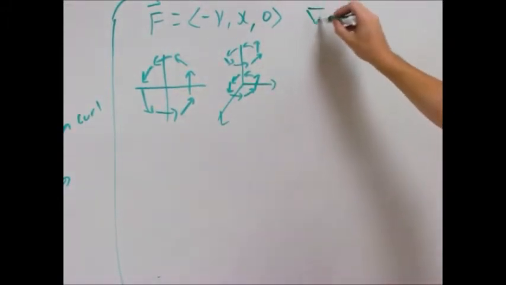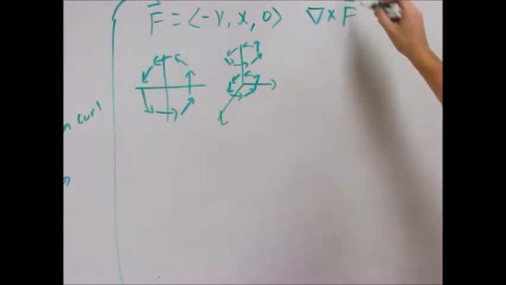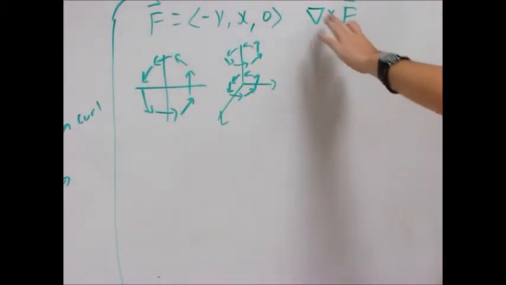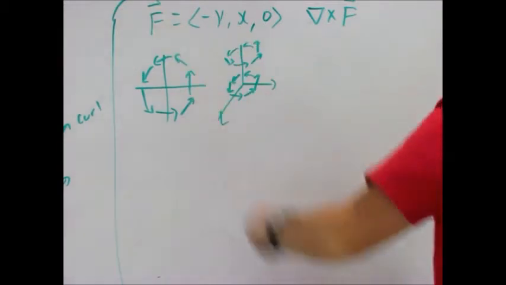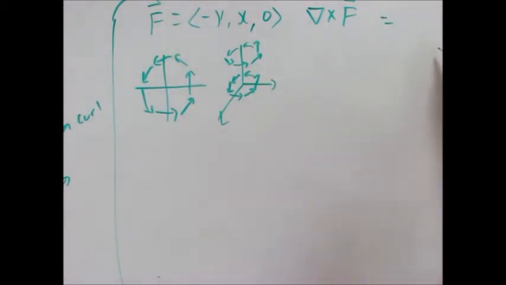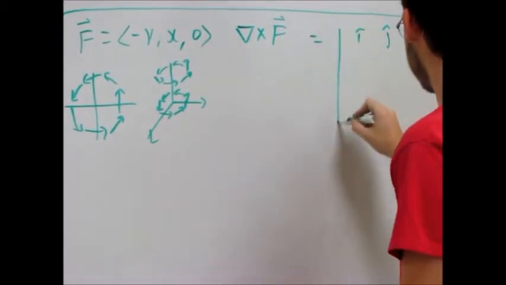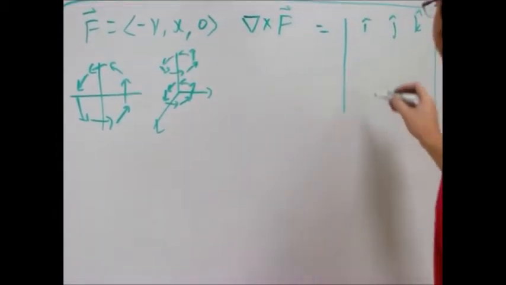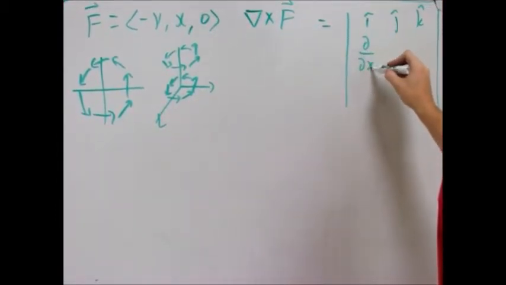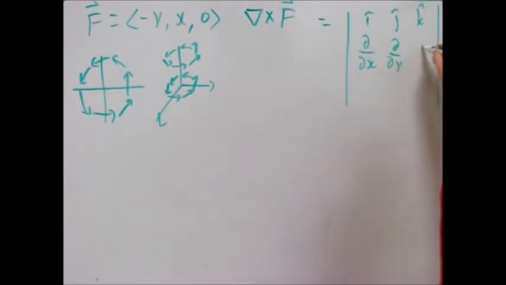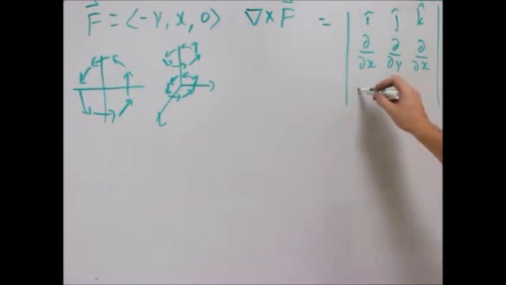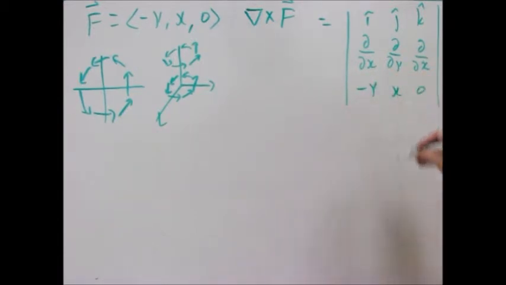That would be this cross product, del cross f, which is going to be, well, let's see, the determinant of i, j, k, partial with respect to x, y, and z, and then negative y, x, 0.